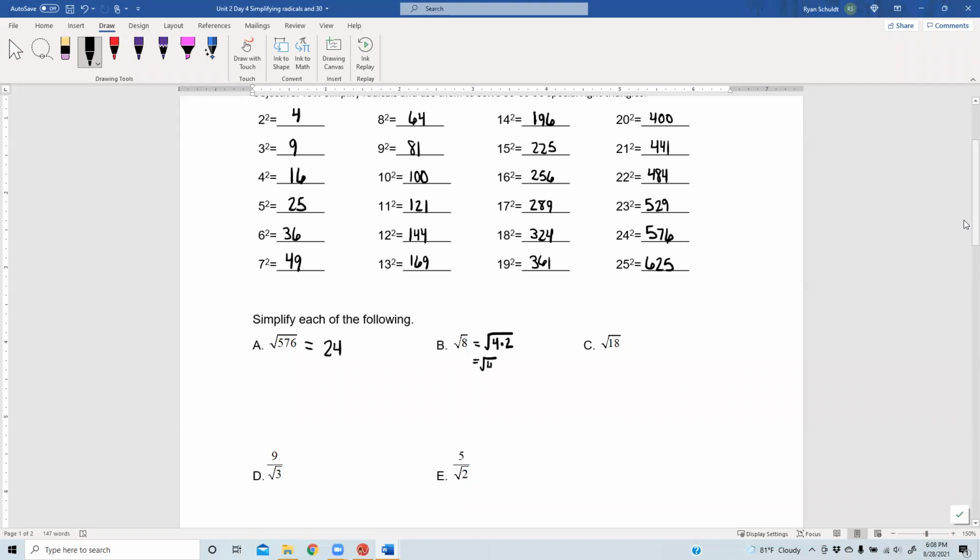So I break it up, square root of 4 times the square root of 2. What's the square root of 4? 2. And then the square root of 2 just stays square root of 2. So 2 square root of 2 is this one. That one's simplified.